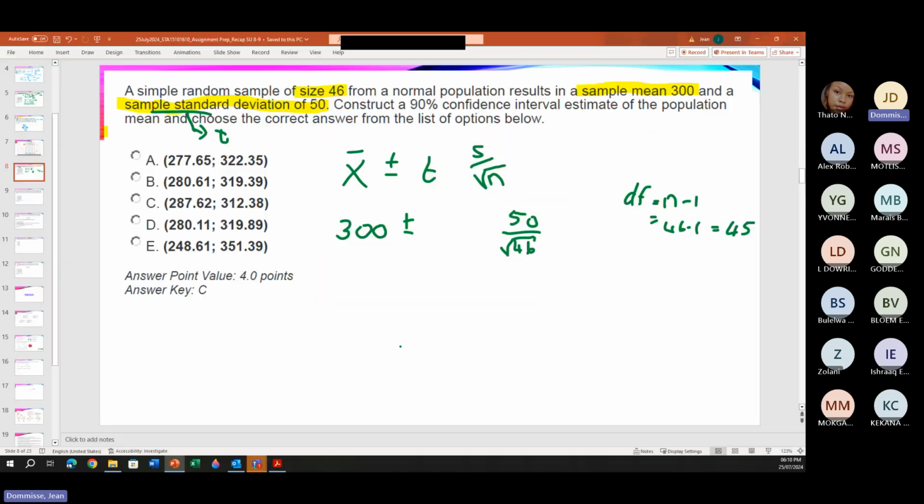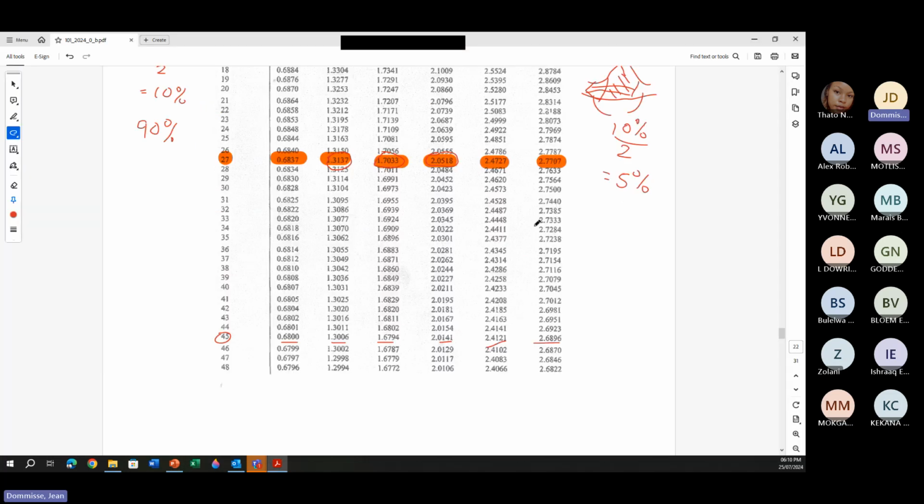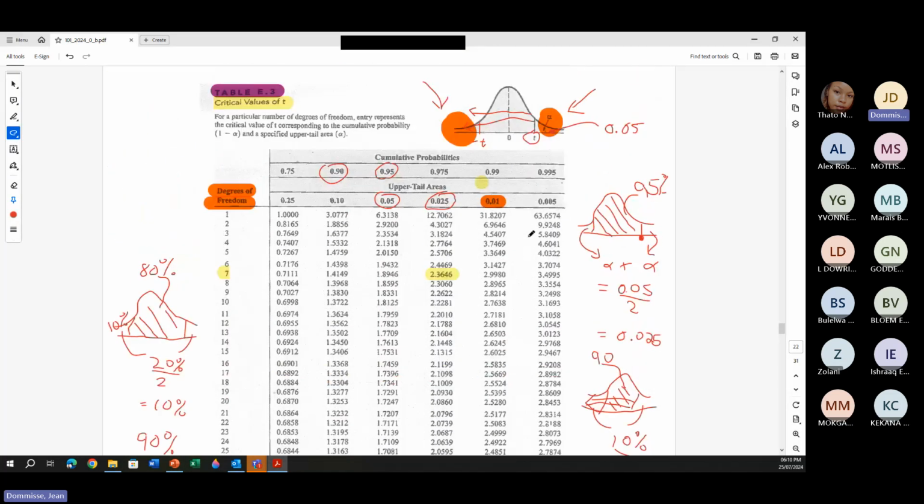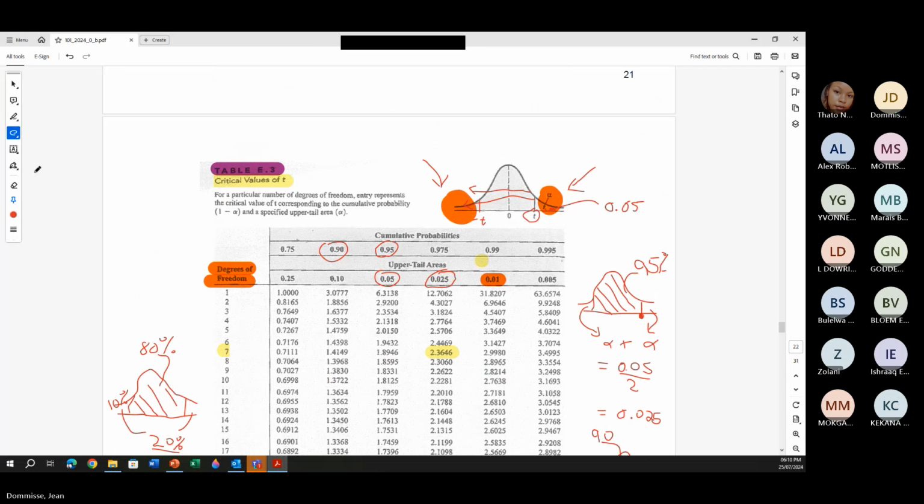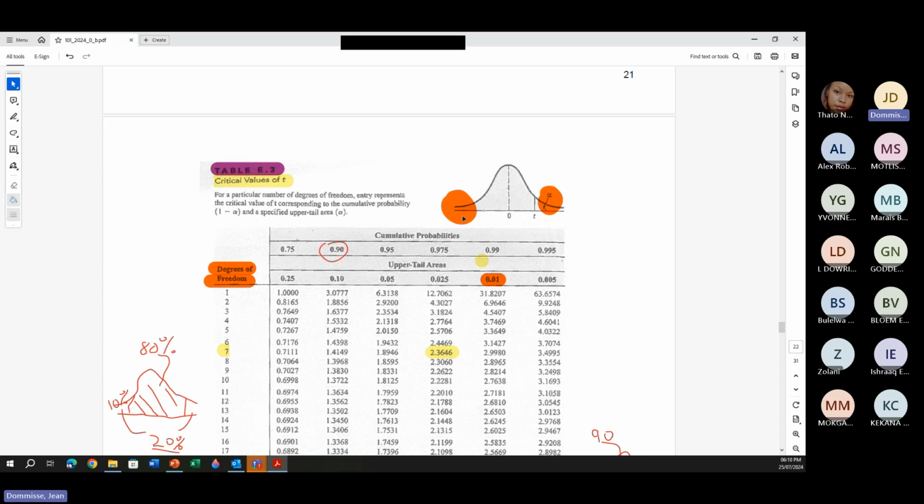Let's then see what else they said. 90% confidence interval. So let's quickly change this a bit so that we can take some of this out. Okay, so 90% confidence interval.